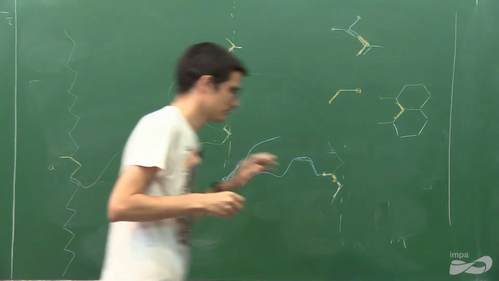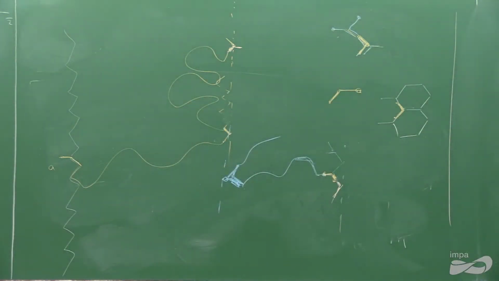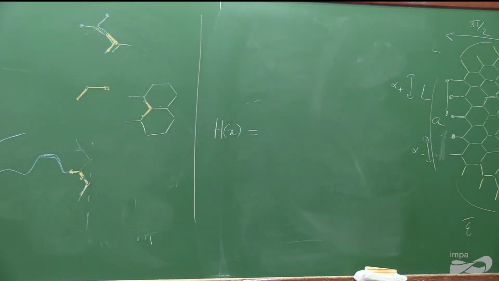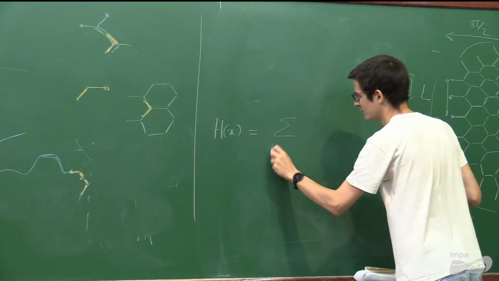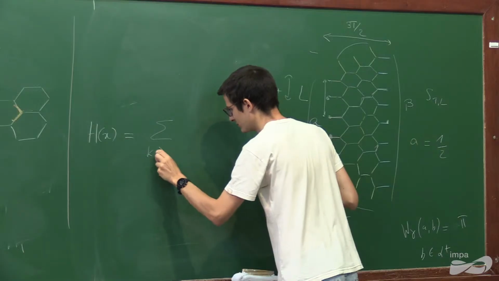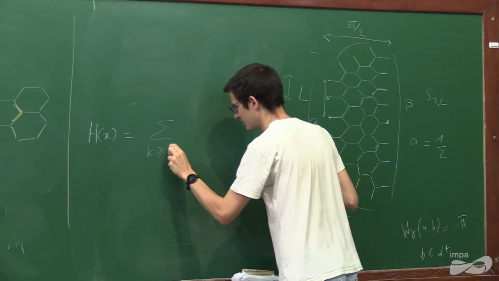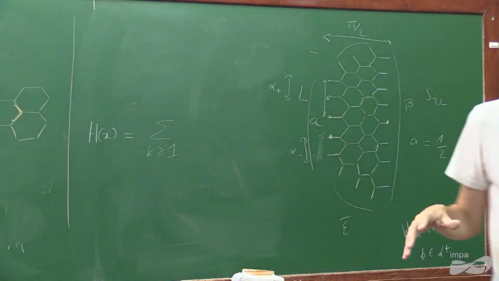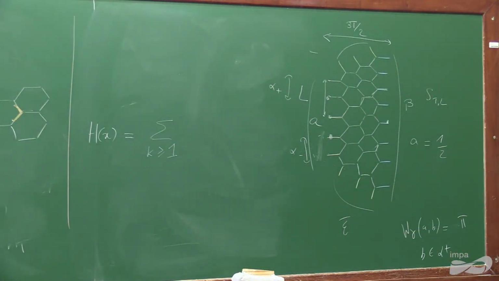Yes, so okay. Let me write things down. So we want to bound hx. Okay? And what we say is that basically when I have my path, I can decompose it into a sequence of bridges.